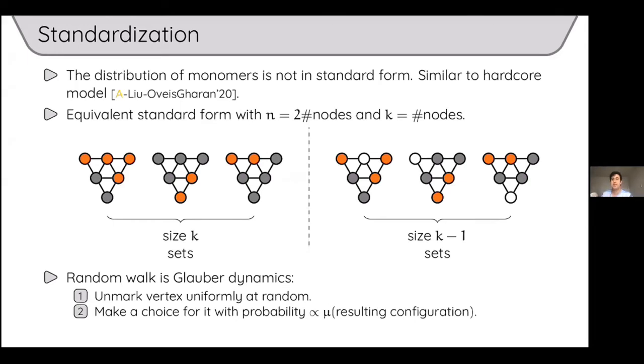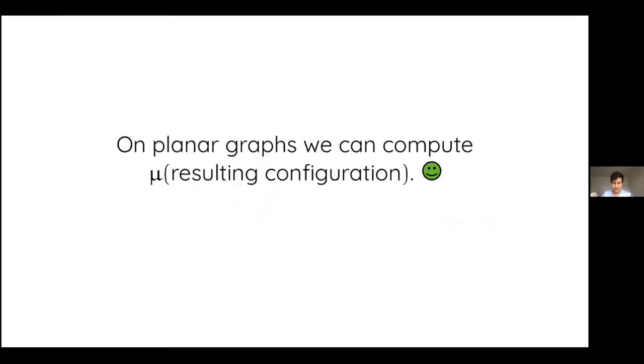So the only thing we use about planar graphs is that once you look at just the monomers, you can compute the weight of each monomer set. That's the only part where we use planarity. The rest of the talk actually works for all graphs, no need to assume planarity.